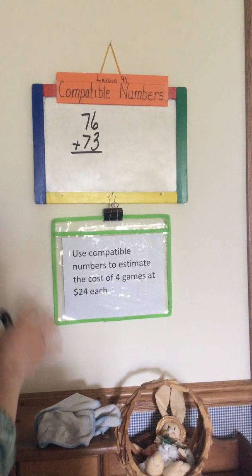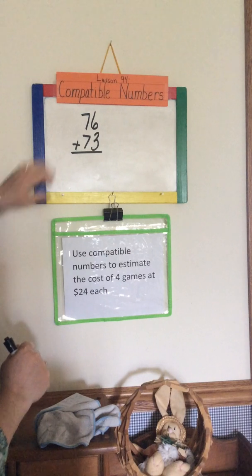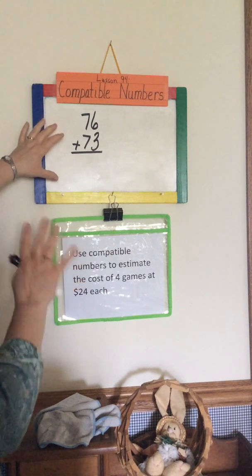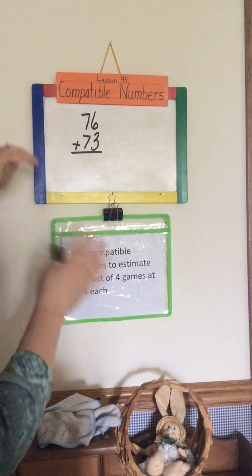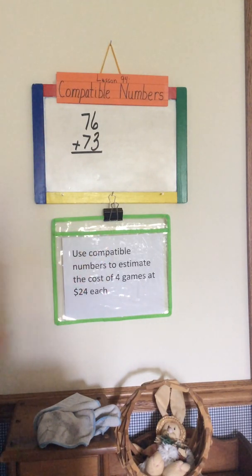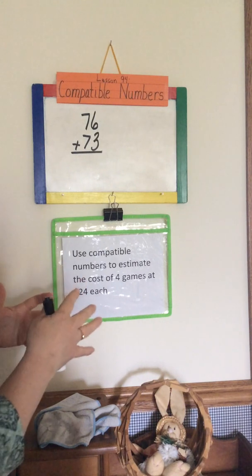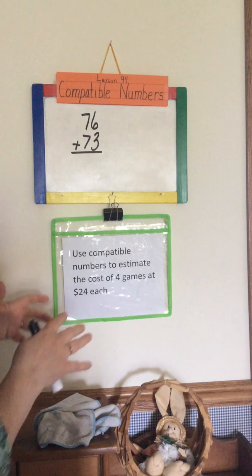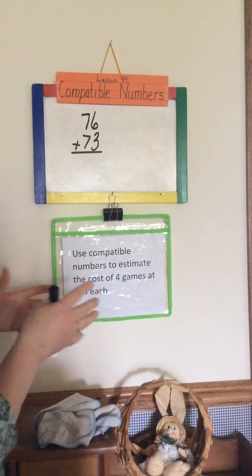Well, this time we're looking at numbers that are sometimes closer to numbers like 25. So if we think about counting money in quarters, we would go 0, 25, 50, 75, 100, or the dollar.